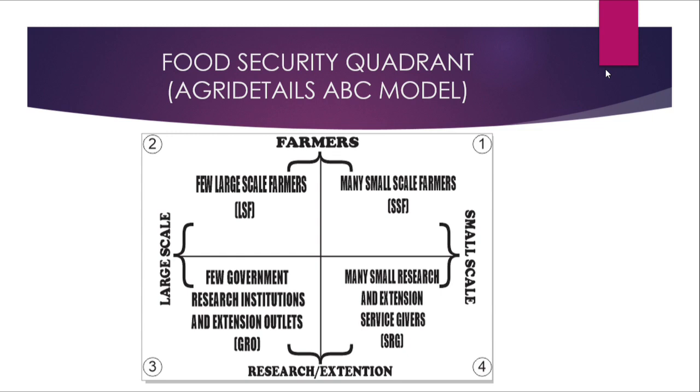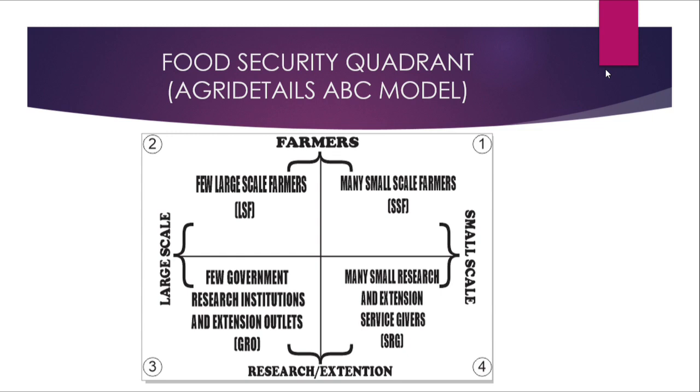Again, when you look at the right side of the quadrant, you will see small scale. Look at the left side, you will see large scale. That is telling us that we can't do without small scale farmers and small scale extension givers. At the same time, we can't do without large scale.